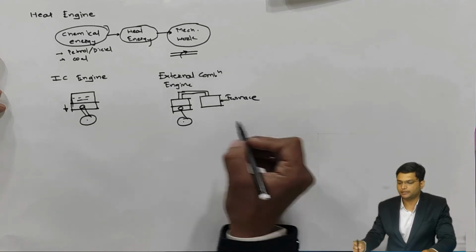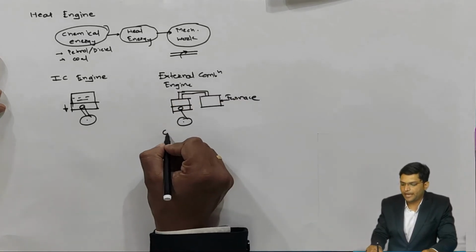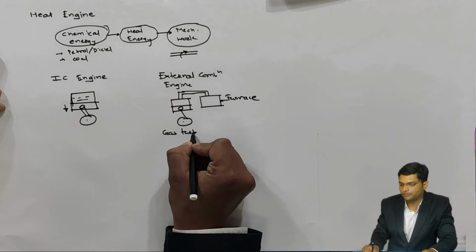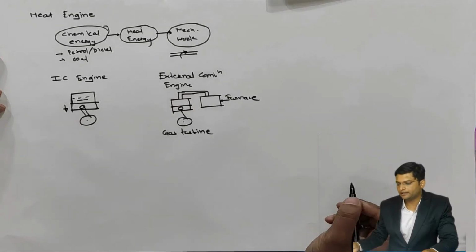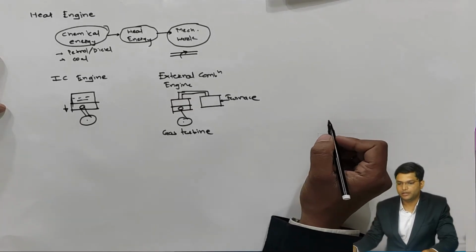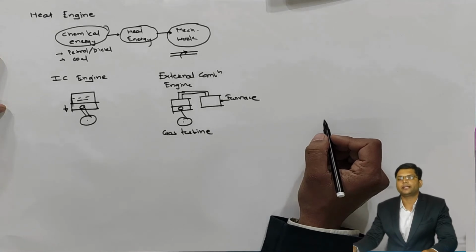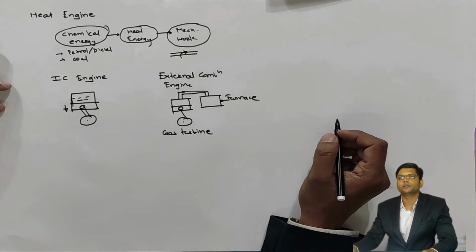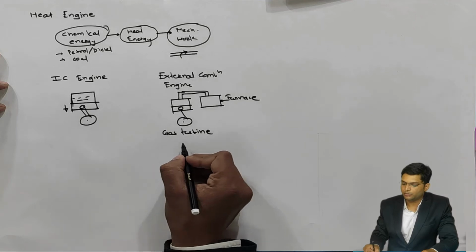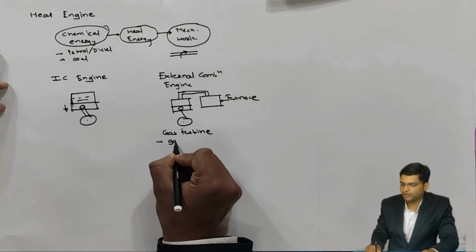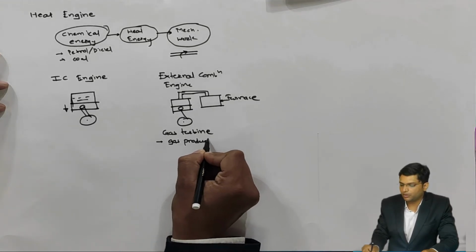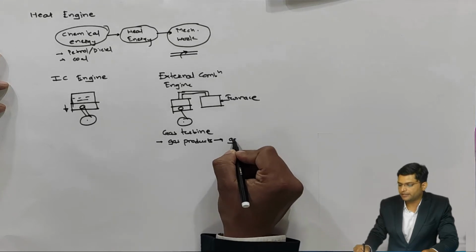In some cases, in the external combustion engine, a gas turbine is used. A gas turbine is a device which uses exhaust gases directly to move the turbine. So here the gas products rotate the gas turbine.